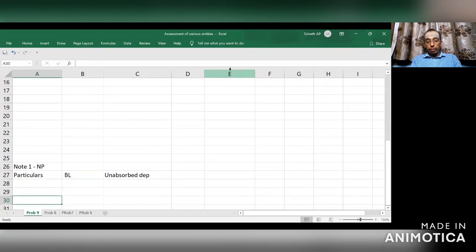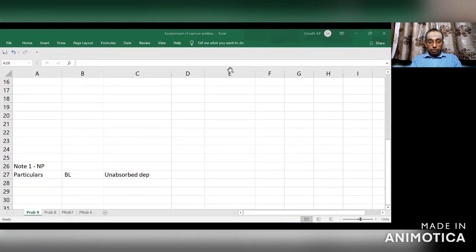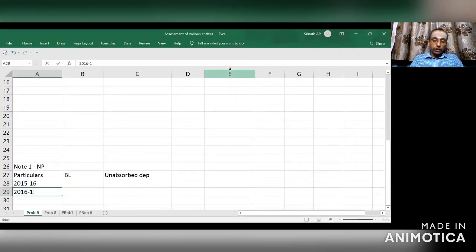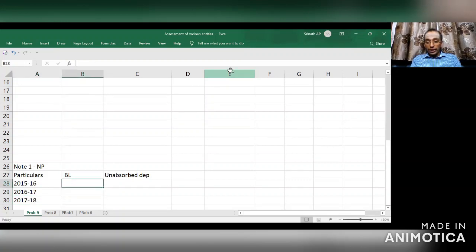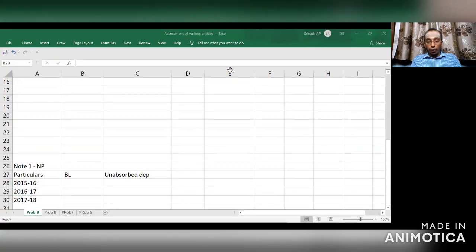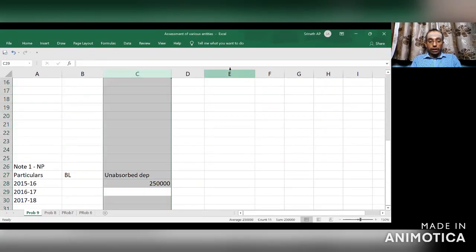Under that, 2015-16, 2016-17, 2017-18. Business loss including depreciation is 4,50,000. So we'll finish up this. 2,50,000 is unabsorbed depreciation.